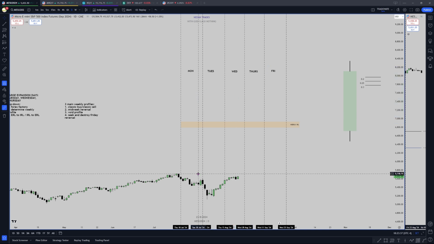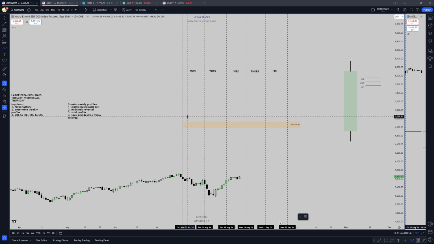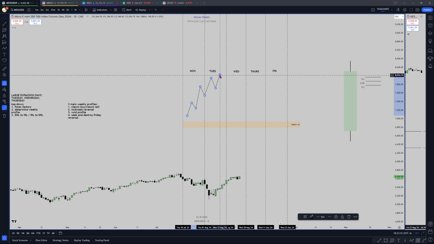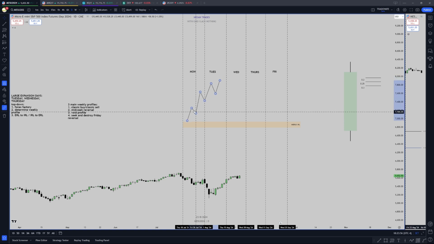And the third profile is a bit harder to trade. It's usually when there's just a void of liquidity. So we open the week, like I said before, Monday, and we just rip to the upside like this throughout Thursday, or Tuesday and Wednesday as well. So these kind of weeks are pretty hard to frame, because there's very clear liquidity that is engineered, and the reversal can happen at any time.